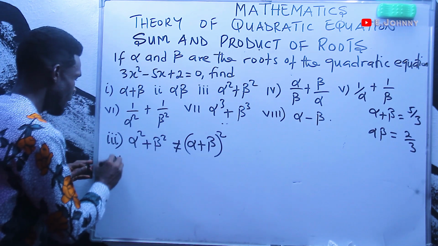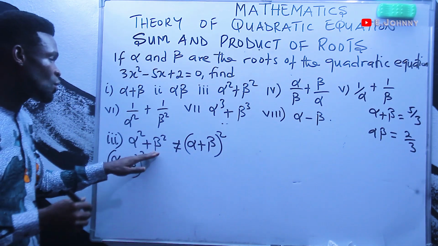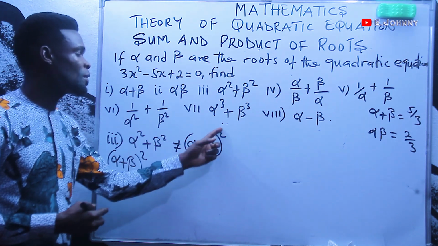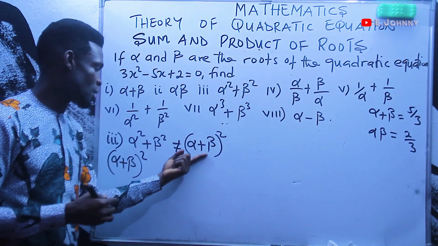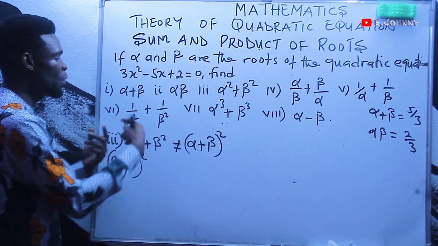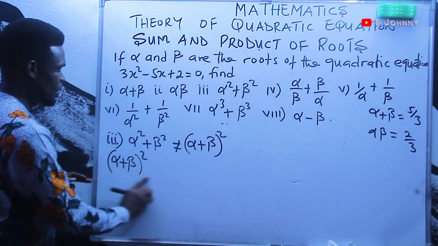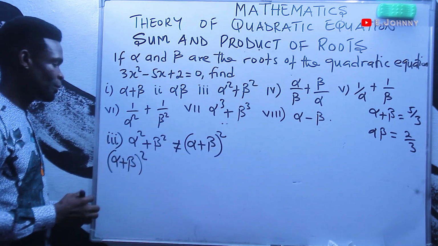Look at it here, alpha plus beta all squared. Don't forget I said this is not equal to this, but we represent it this way in the sense that when we expand this, we will obtain this. So now we don't need this again. What we are making use of now is alpha plus beta all squared, which is what is here. Now let us expand this.